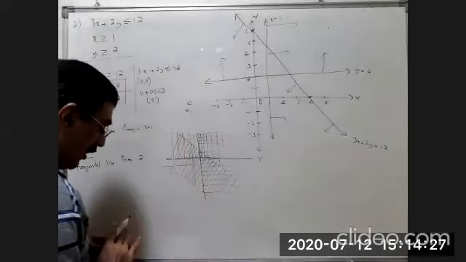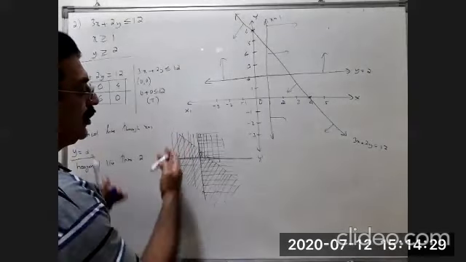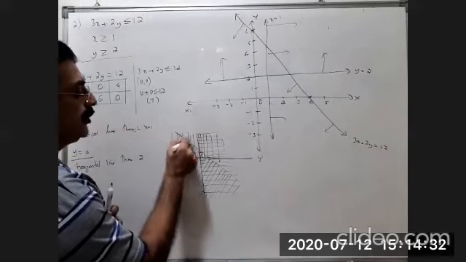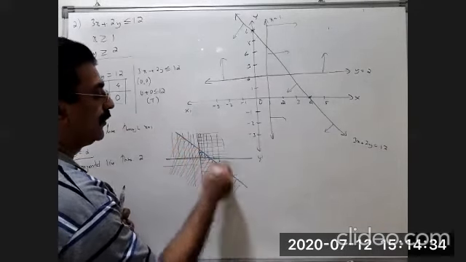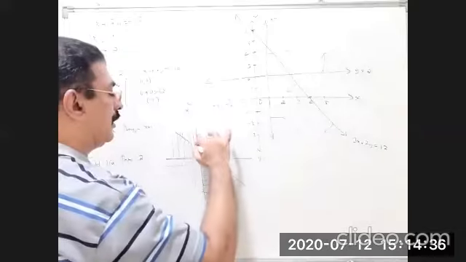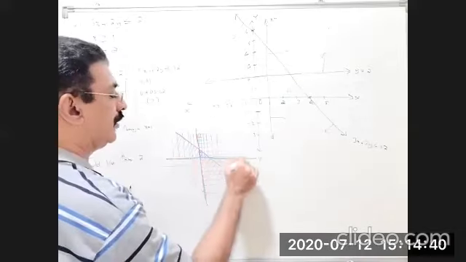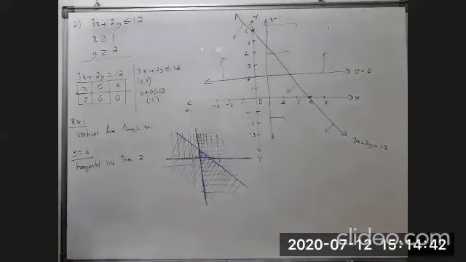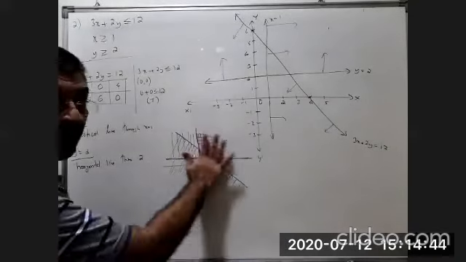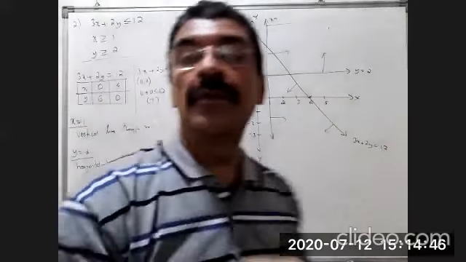We had first line, this was our first line, this was our second line, this is our third line. If you are seeing this figure, you can make it out.